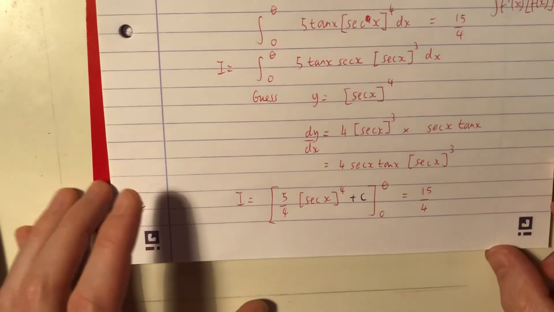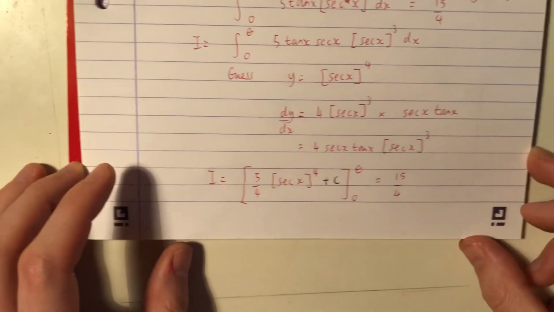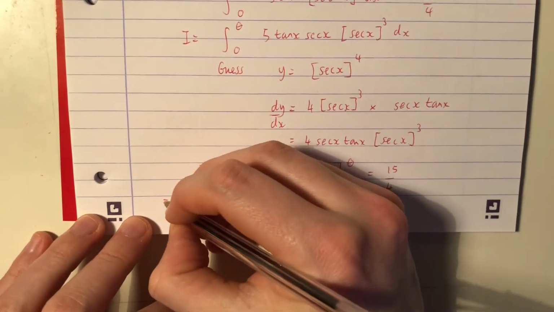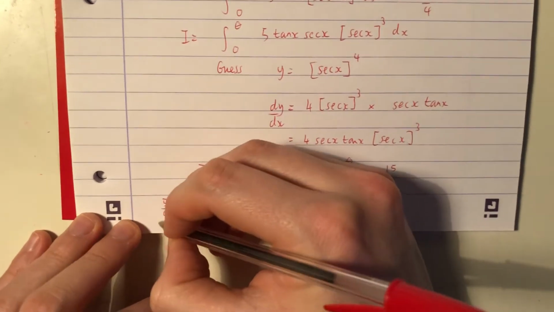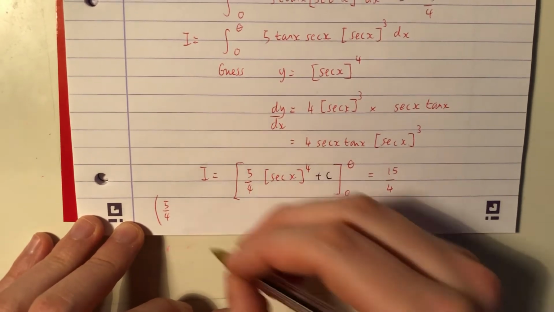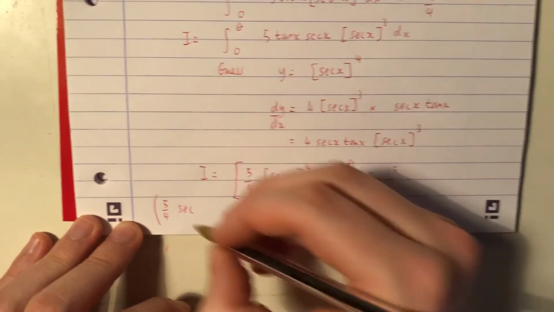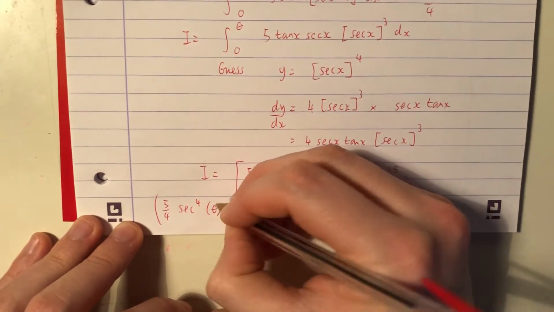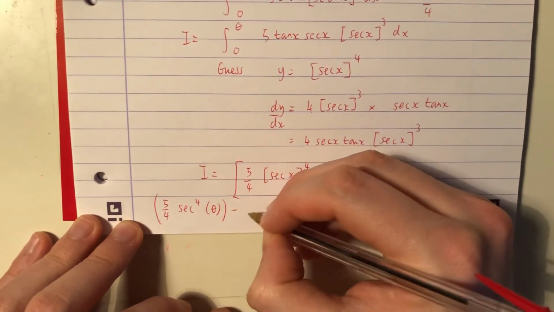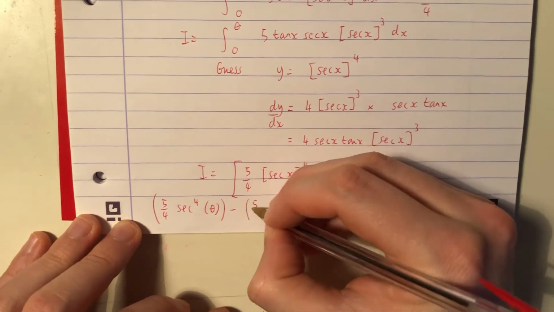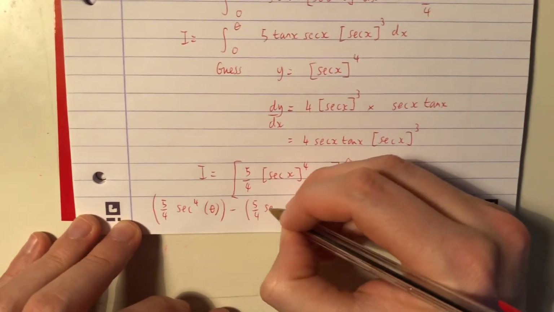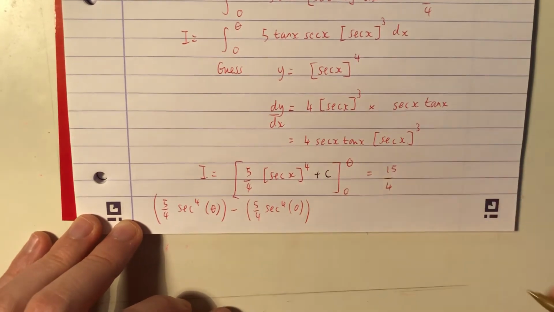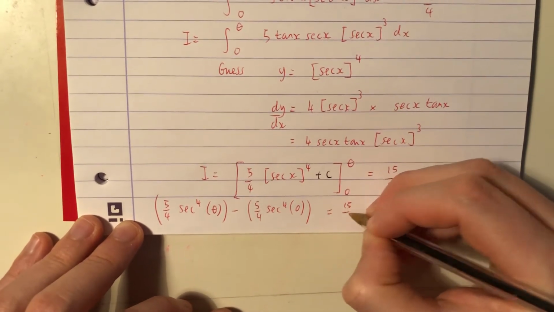Okay. Slightly run out of space. Substitute everything in. 5 over 4 sec to the 4 theta, subtract 5 over 4 sec to the 4 of 0, is equal to 15 over 4.